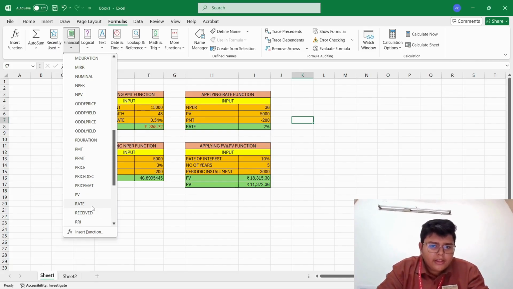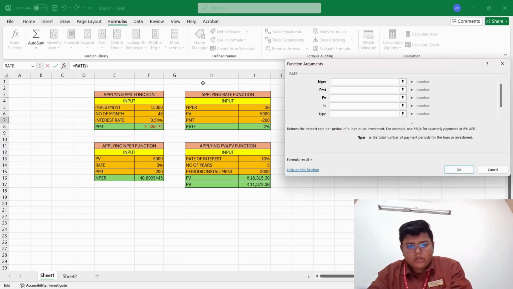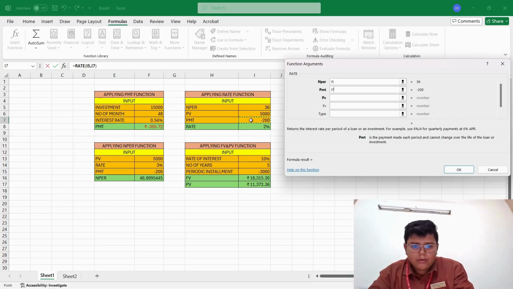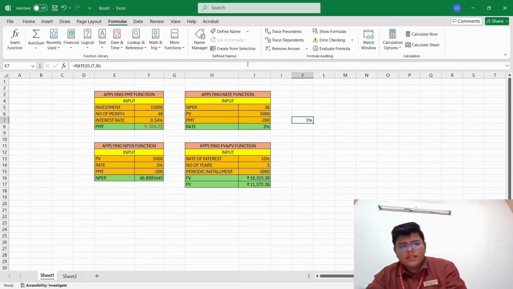First we will find rate as an example. When we click RATE, it shows a dialog box asking for NPER, PMT, and PV. We select the cells again. PMT is minus 200, PV is 5,000. Then we click OK. That is 2%.